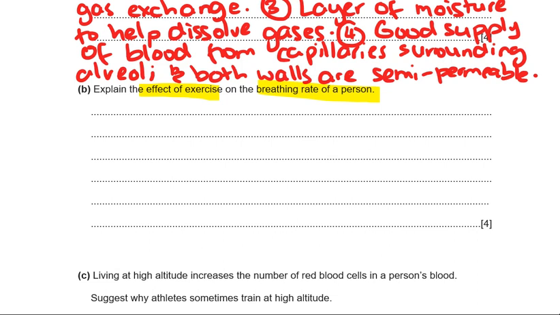After exercising or even walking up the stairs, anything that requires so much muscle movement, your breathing would actually increase. So what we're doing now is practicing how to express those experiences in an exam question setting.